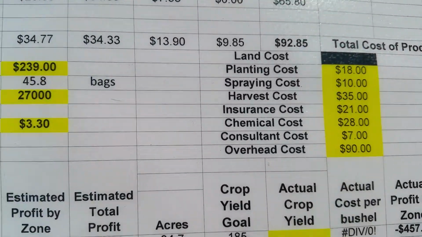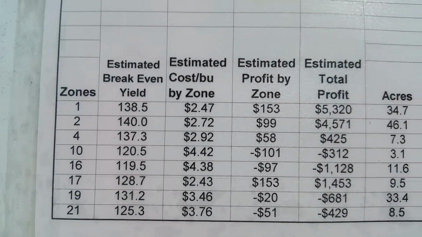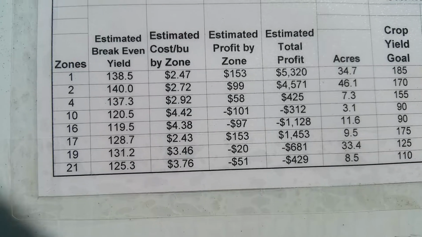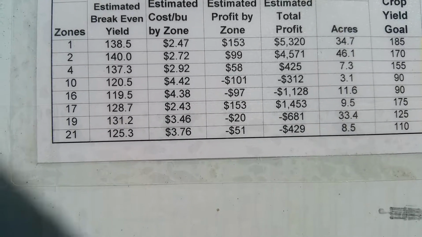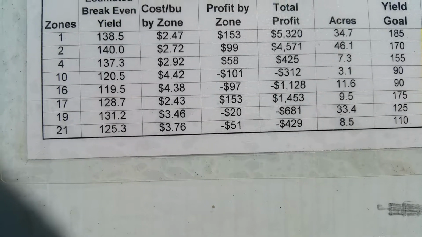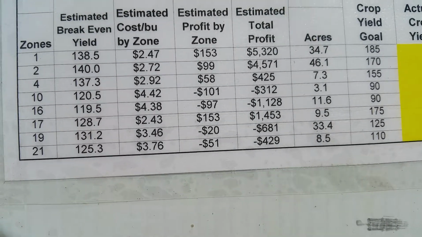Now when we come down to the bottom, here's the bottom. This is where your estimated cost of production per bushel by zone is. And you can see your better zones have a lower cost of production. Surprise, surprise.